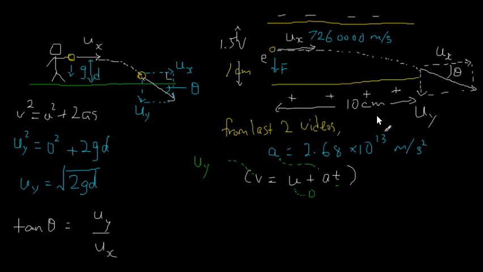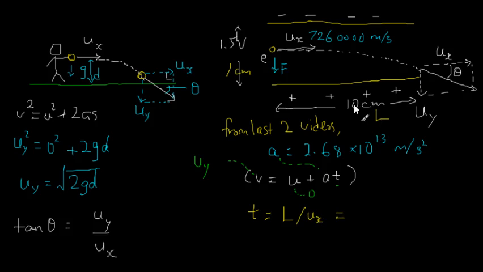Okay, I'll represent this length by L. I'll call this L. So therefore, we know how velocity and length and time are related. So the time should be equal to the distance L divided by the horizontal velocity ux. So L over ux.